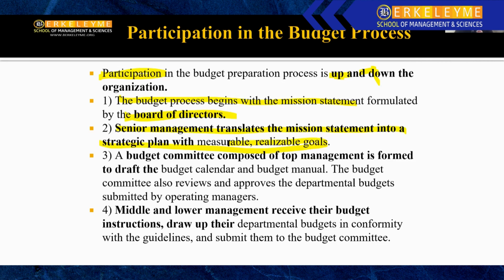Then you will form a budget committee, which will have executive directors, non-executive directors, and representatives from the company, who will make the draft calendar and budget manual. Then the committee is going to review and approve the department budgets submitted by the department heads. Middle and lower levels, of course, will start making them. They will be the ones who actually make them.